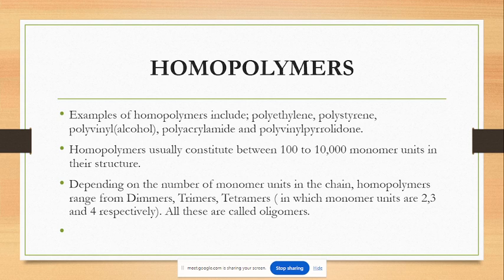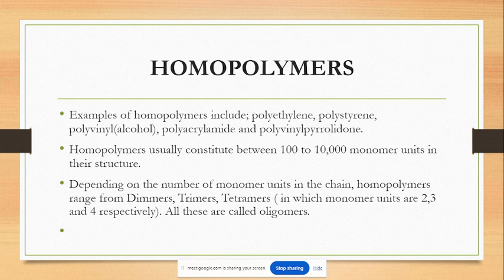But now, those structures that contain fewer than 100 monomer units, we'll call them oligomers. There are so many types depending on how many monomer units are present in that structure. If there are two monomer units in that structure, then that structure is called a dimer. If there are three, it is called a trimer.